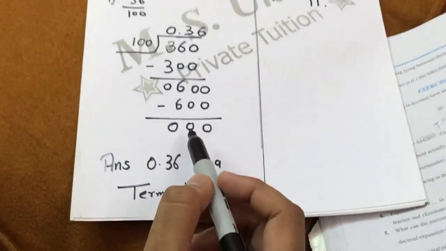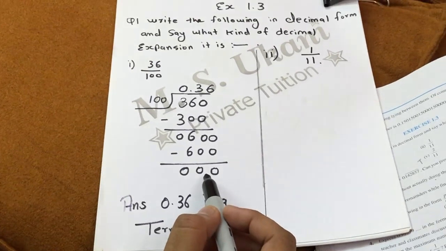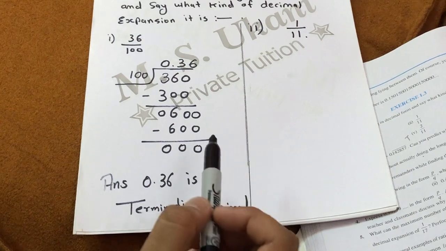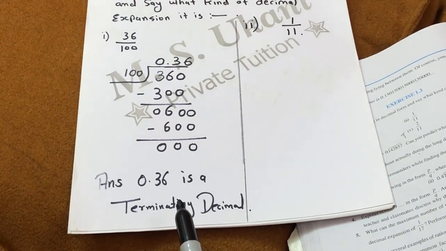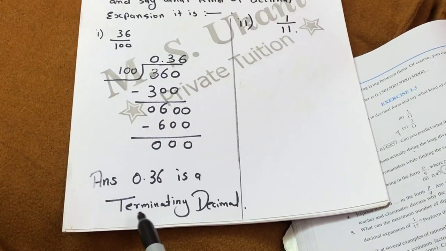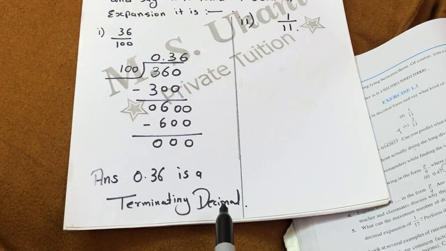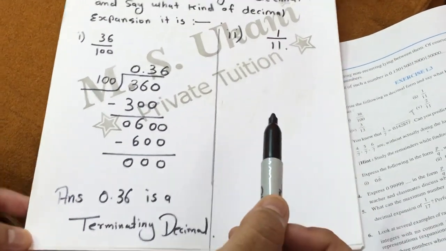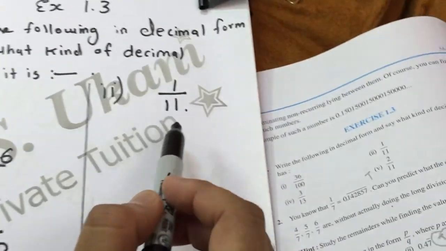So whenever the remainder comes 0 and further calculation is not possible, then, as we already studied in our previous video, it is called terminating decimal. So let us move to the second one, that is 1 upon 11.